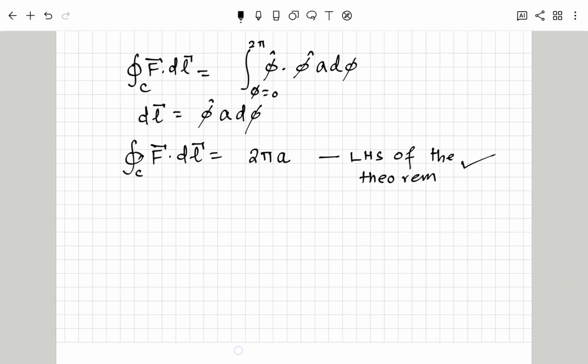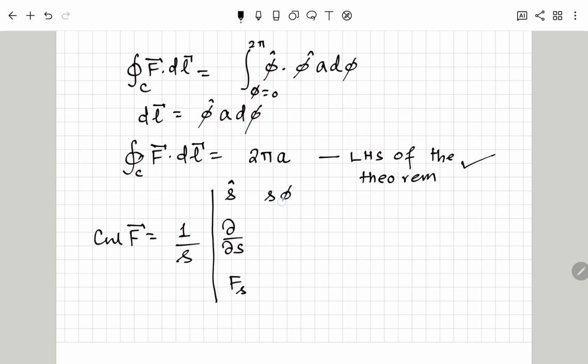Now we'll calculate the curl of our vector field, because that is needed to evaluate the right hand side of our theorem. So the curl of F in the cylindrical system, I can write down for a general vector field F: 1 by s times a determinant with first row s cap, phi cap, z cap, second row partial derivatives with respect to s, phi, z, and third row F_s, s times F_phi, F_z.